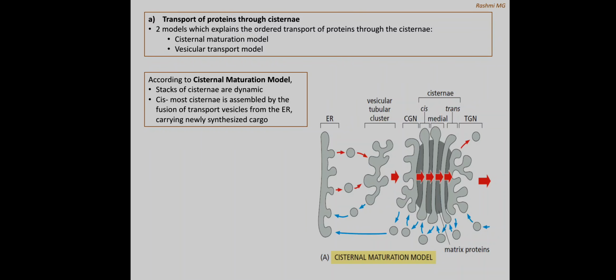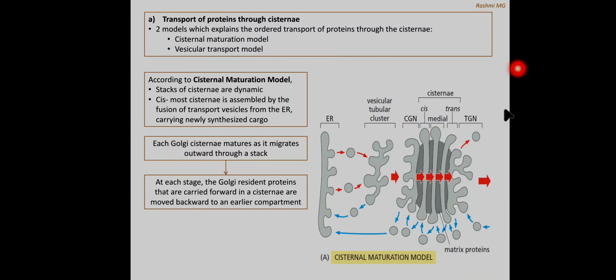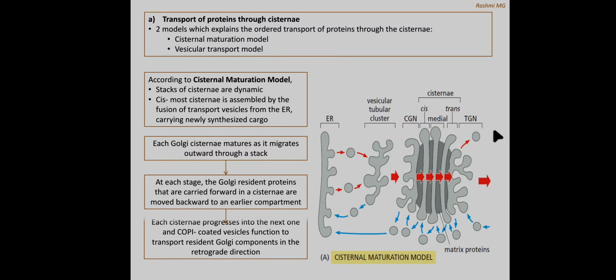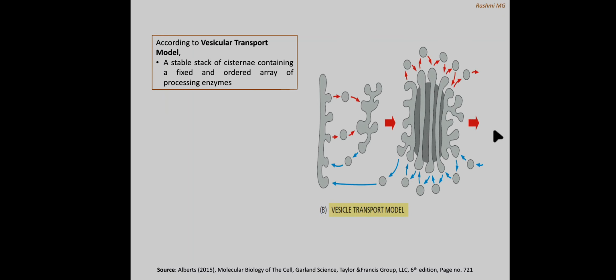Each cisterna progresses into the next one, and COPI coated vesicles function to transport resident Golgi components in the retrograde direction.